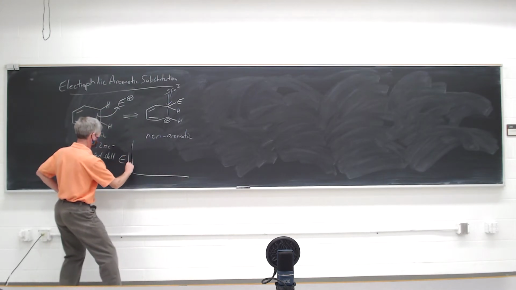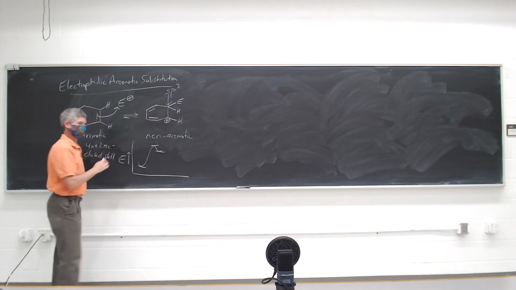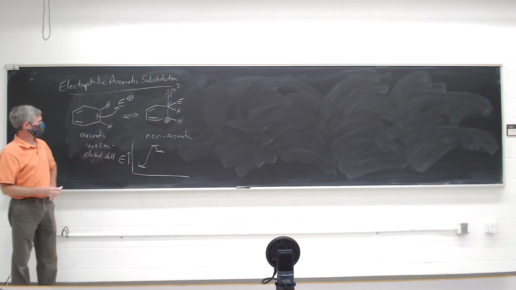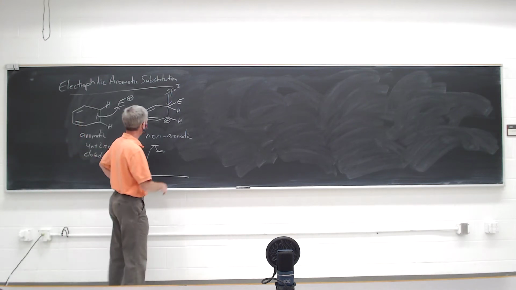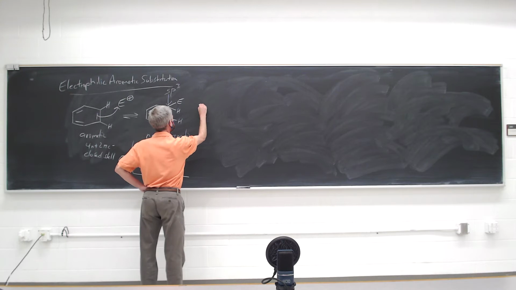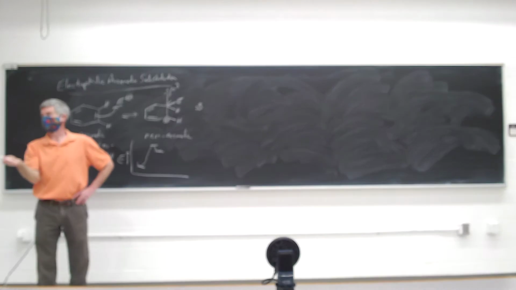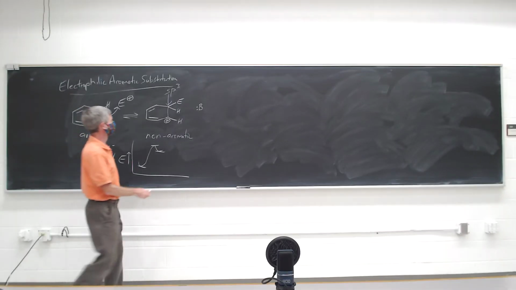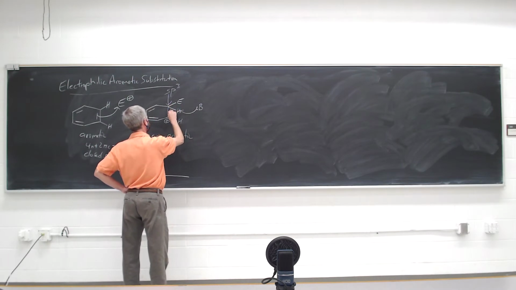If you draw this as an energy diagram, your cation intermediate is quite a bit higher in energy. So that first step is not very favorable at all. But then, in the next step, some base, and this base is often not very basic at all, chloride, for example, is a strong enough base to do this, takes this hydrogen off and regenerates the aromaticity.